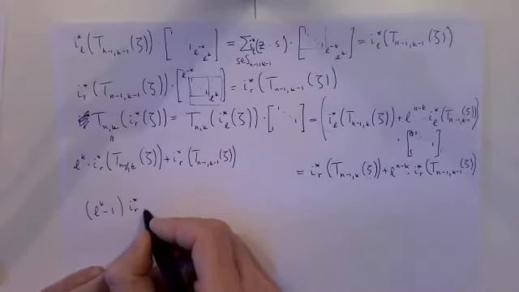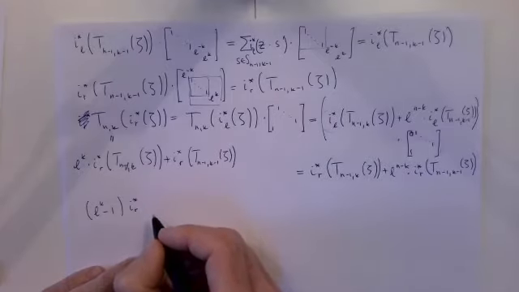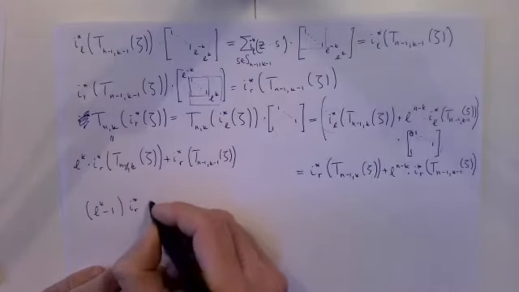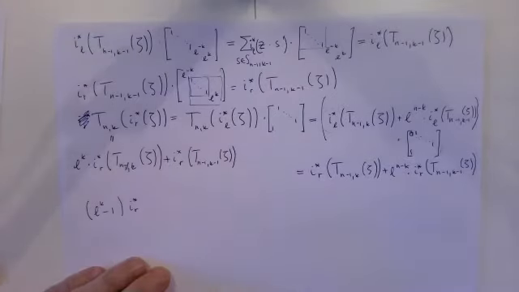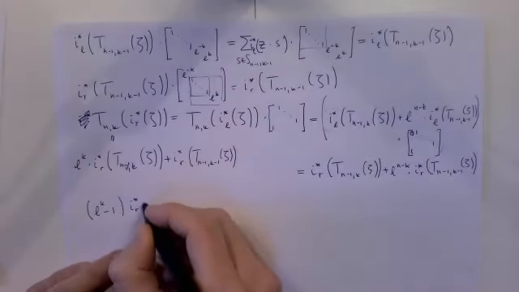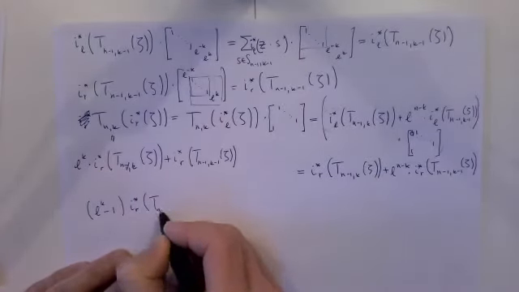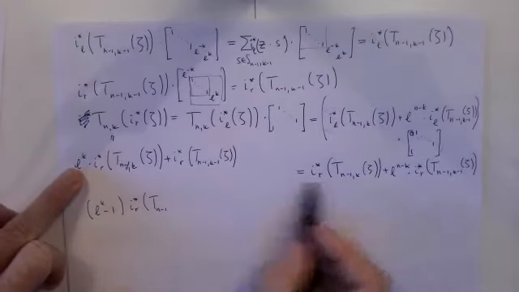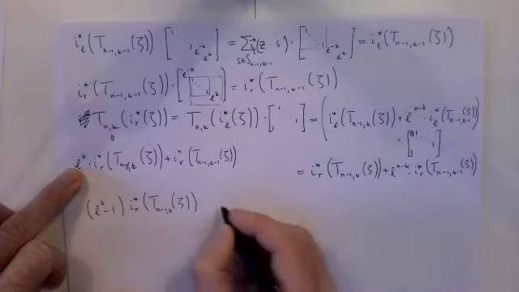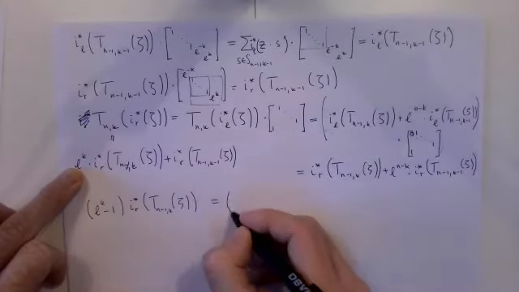Why not? This is Tn minus 1. So I pull this one over to this side. And I'll pull this one over to that side.